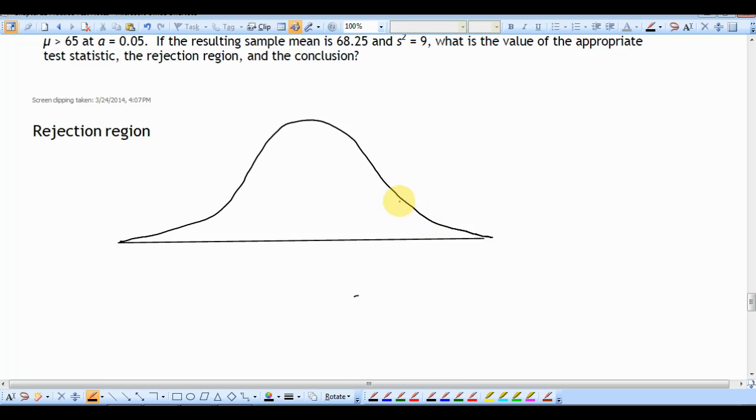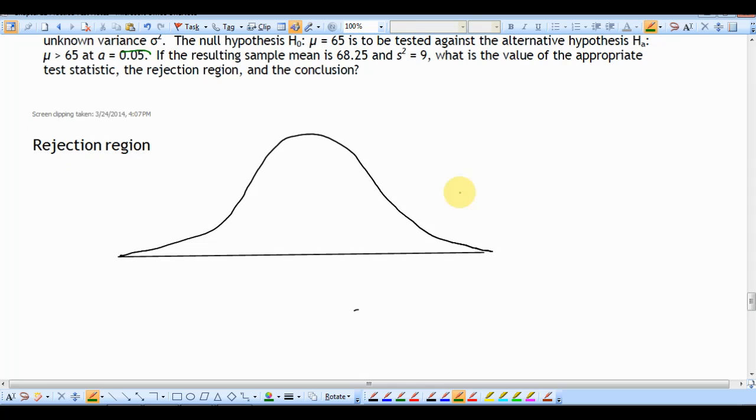No. Okay, so we said alpha is 0.05 right here. So that means here we need to have an area of 0.05.